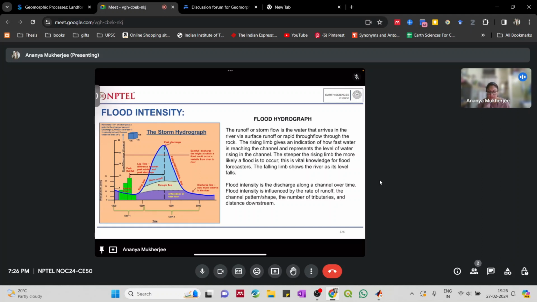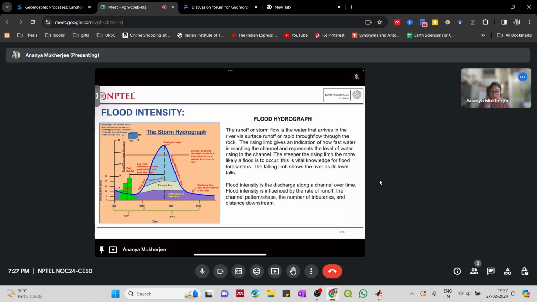This gives us the understanding of how long it would take for peak discharge to occur after the event that has given rise to the flood. It can be a rainfall event, mostly if it is very sudden, and a cloud burst could be one event which can also give rise to flooding in that area. So there is a lag time between the peak of the event and the peak discharge.